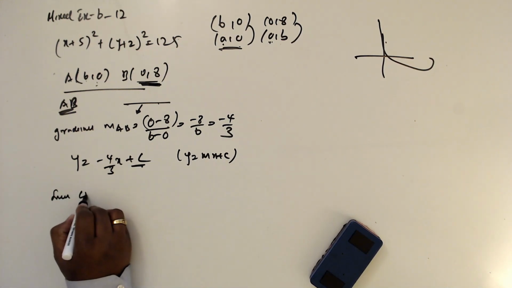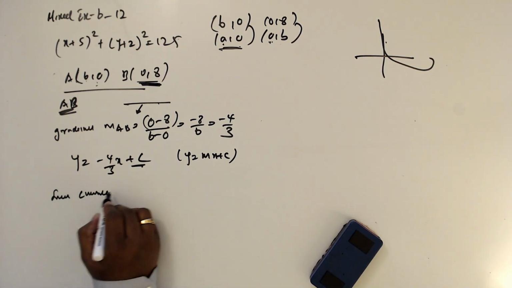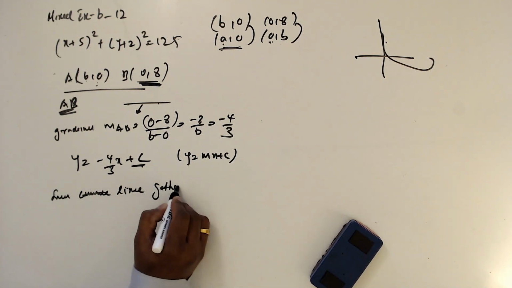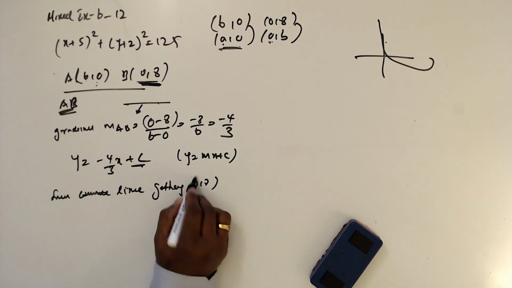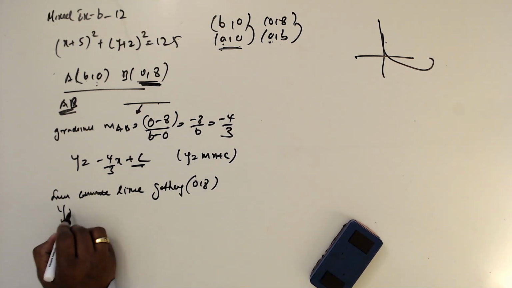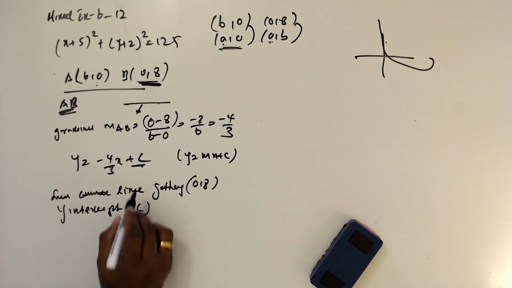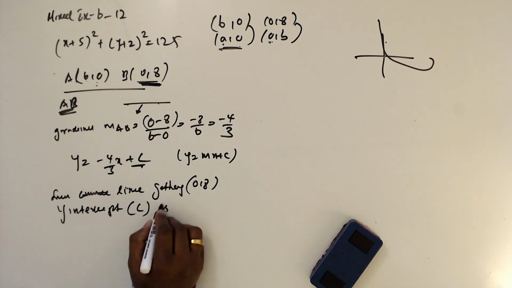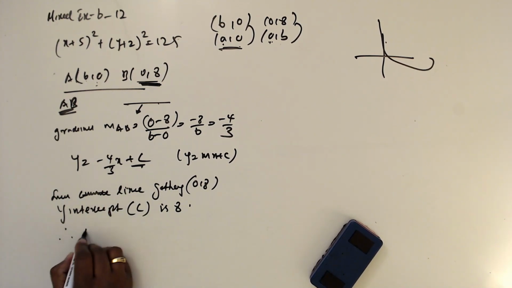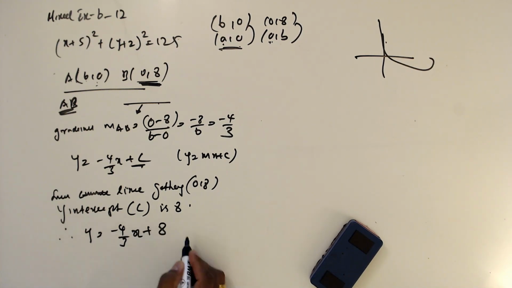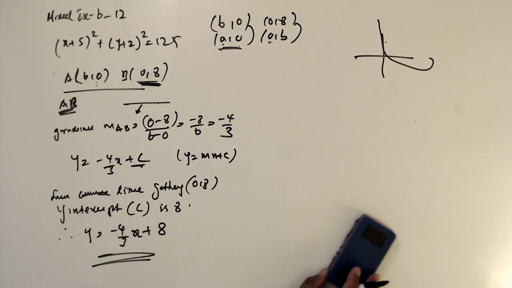So c is 8. Hence y = −4/3 x + 8. So this is the equation of AB.